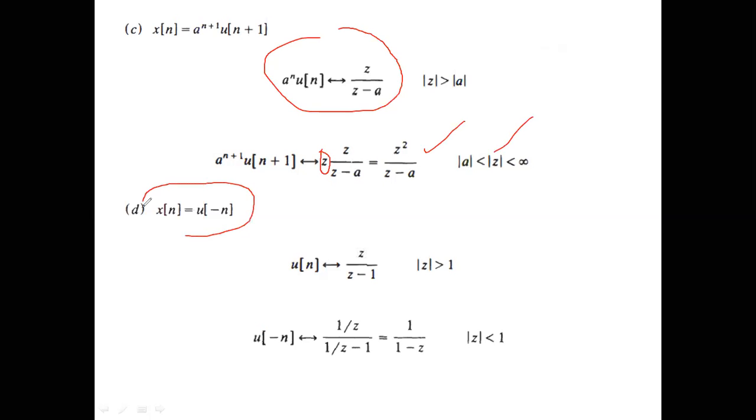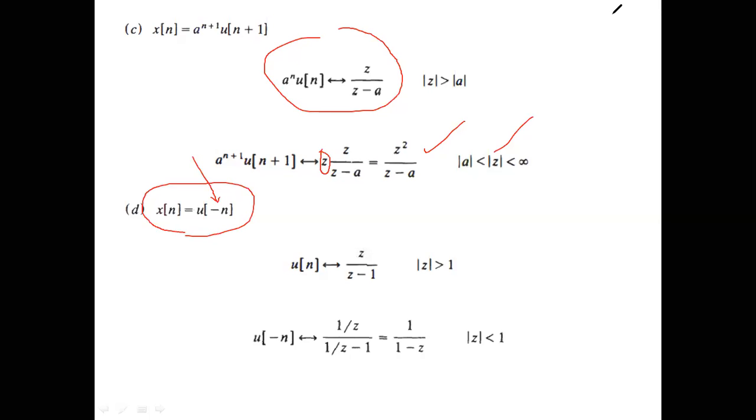Now here, which property will we use? You can see this is not a plus 1 or a minus 1, but n has been multiplied by the factor minus 1. So here we have to use the time reversal property. What does the time reversal property say?